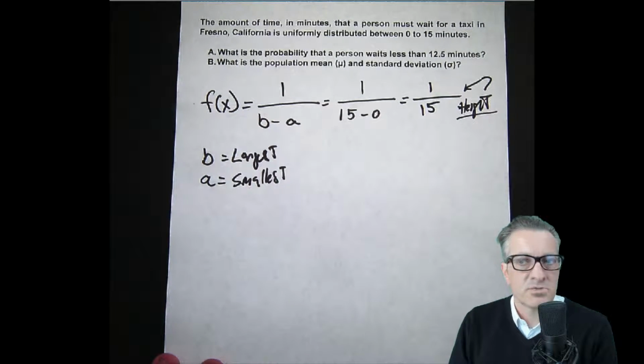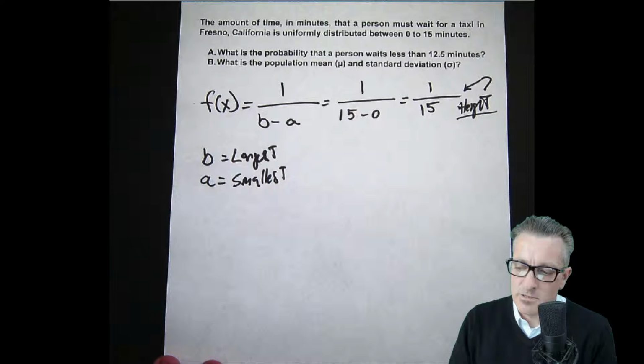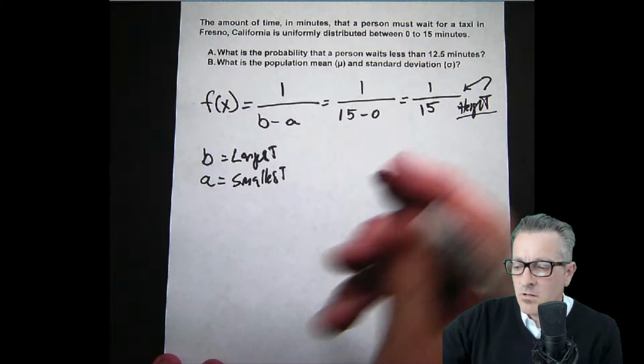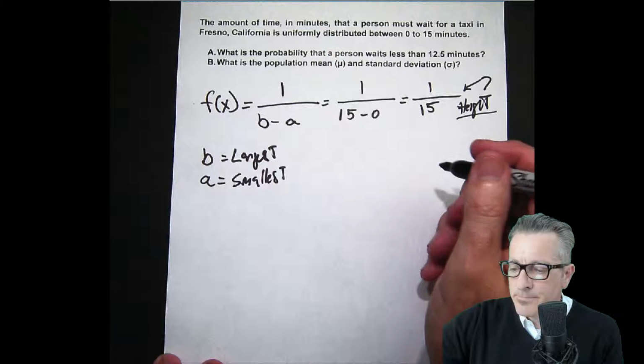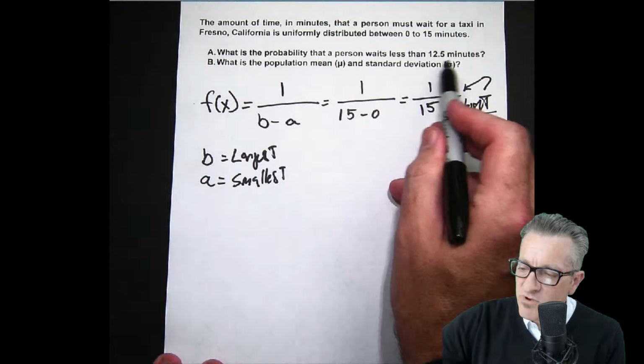Now it's a continuous probability distribution, so just like any continuous probability distribution, we're finding the area under the curve. In this case it's not a curve, but a rectangle. So we need the height and the width. Our problem talks about 0 to 12.5 minutes.